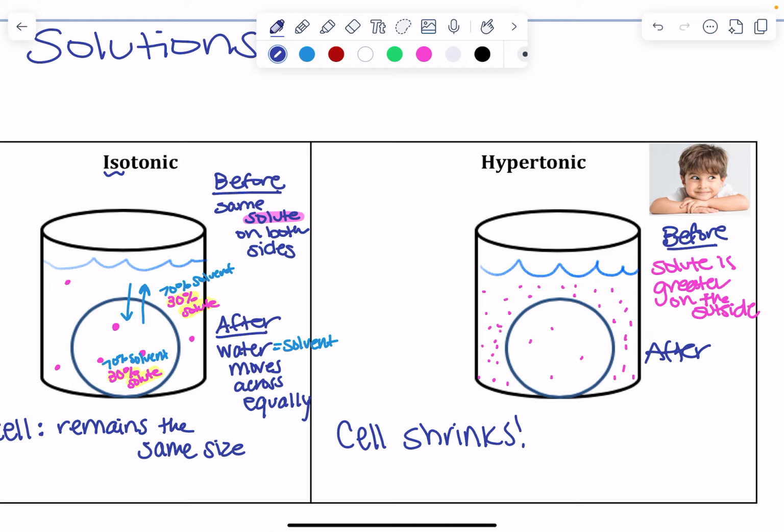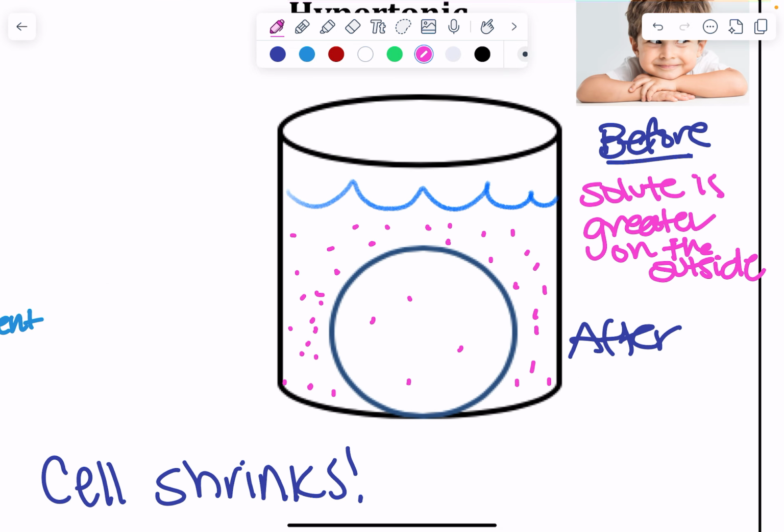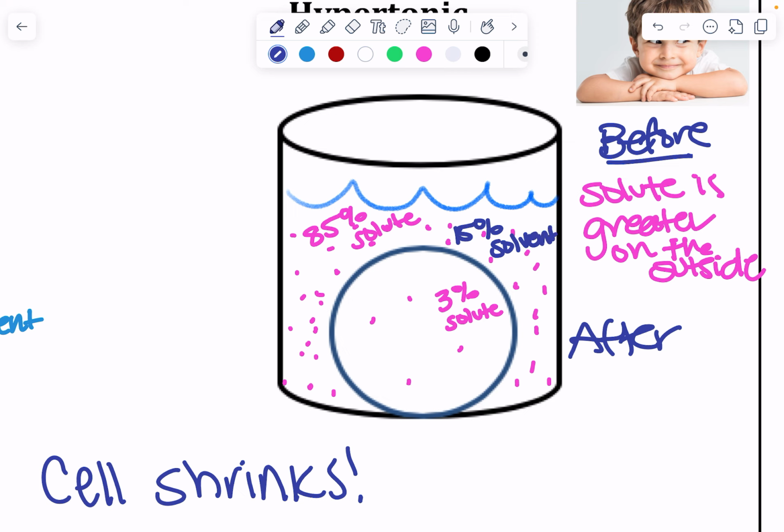So then if I want to quantify this, you can put a percentage on here too. You could say, I don't know, 3% solute and 85% solute. I don't know. I'm just making this up. So then you do 100 minus that to get your percentage. So 15% solvent on the outside and 97% solvent on the inside. So wherever your solute is greater, the water will rush to that.